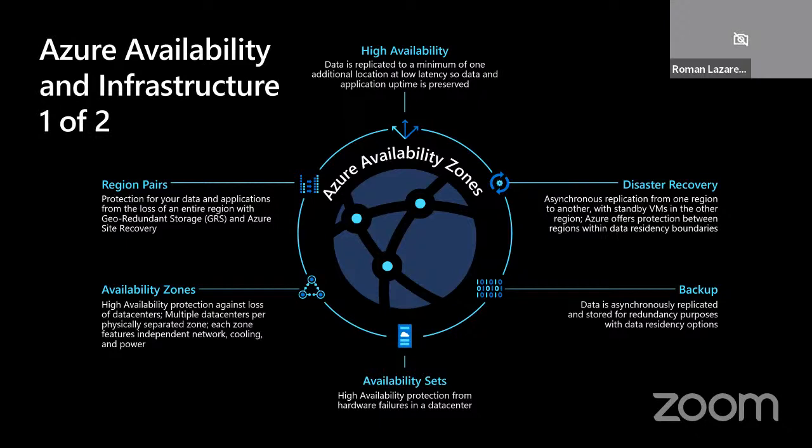They have separate cooling, networking and power infrastructure, but they are still physically located in one place. Then you have region pairs, which serve as the failback locations when you have, for example, replication of your storage enabled.